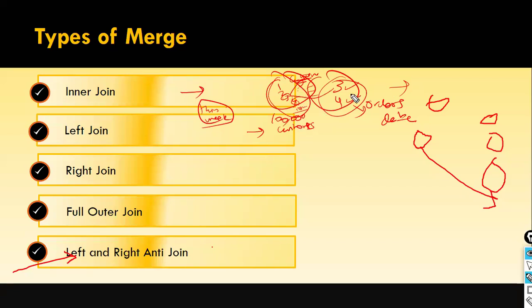Then that customer name will get displayed along with the order number and other details. Only these 2 customers, 3 and 4, ordered. So to get only the customers who ordered products this week, inner join is enough.